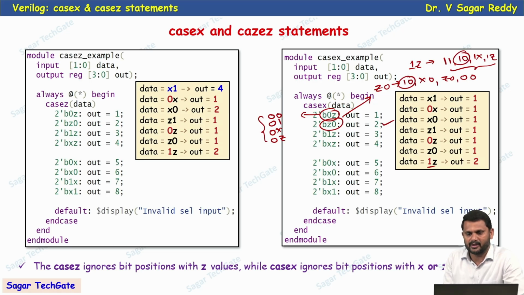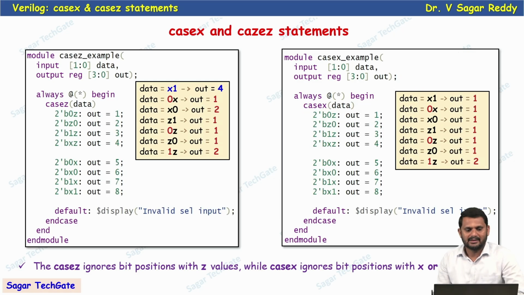So the output equals 2 in this case. So casez ignores the bit position with a z, while casex ignores the bit position with x or z values. I hope you understand how we use this case item. It's very useful to model any digital system in behavioral modeling style. And casex and casez are also very useful for simulation purposes.